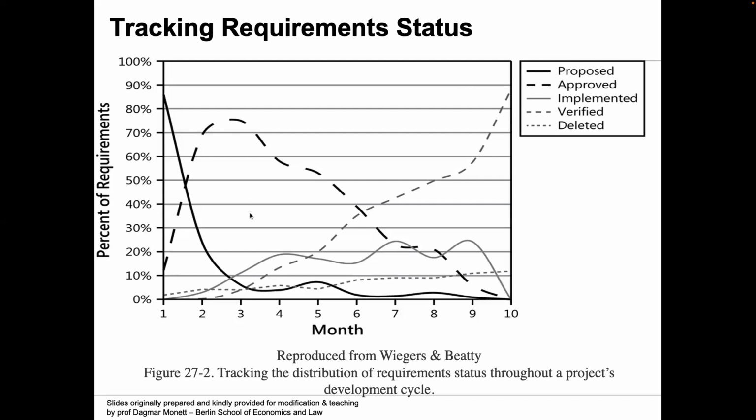By the end of the third or the fourth month, they start going down. So this is how the status of requirements changes during the course of a month. This is what the graph is tracking at the moment.